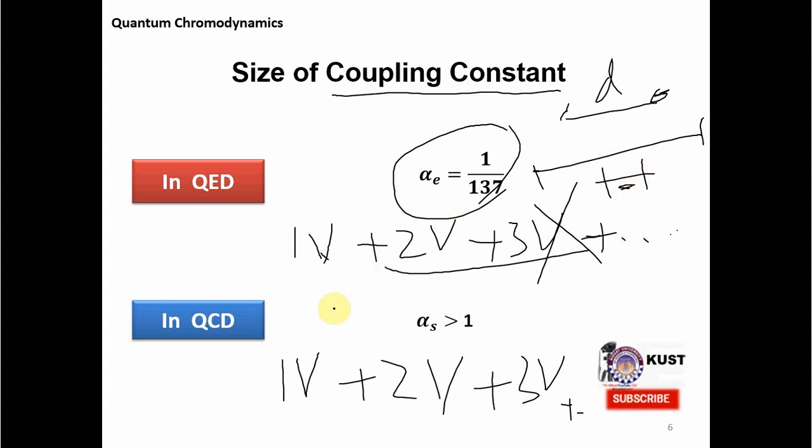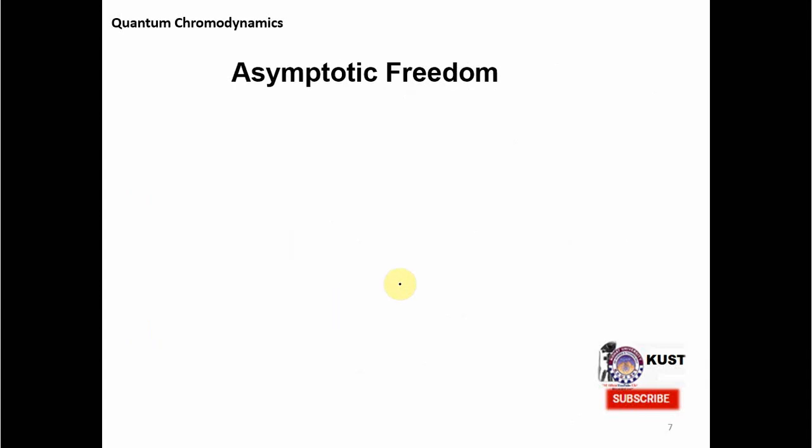So it depends upon distance, and this fact has given rise to another phenomenon called asymptotic freedom. What asymptotic freedom means is that at very small distances the strong force becomes very, very weak, and then we can apply the Feynman diagrams method and Feynman calculus to it, and we can calculate the strong nuclear force between two quarks.